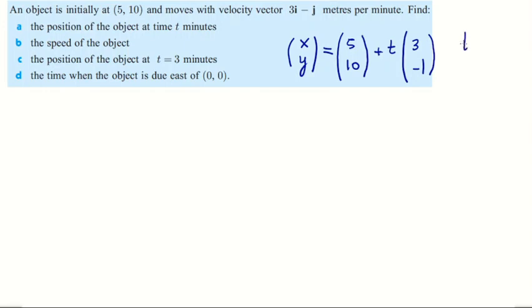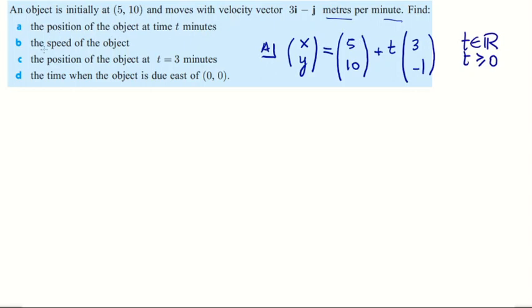Okay, and t is a real number, and t is larger or equal to 0. In this case, t is going to be in minutes, and the position is going to be in meters. If you replace t with whatever value, then you find the position of the object at t minutes.